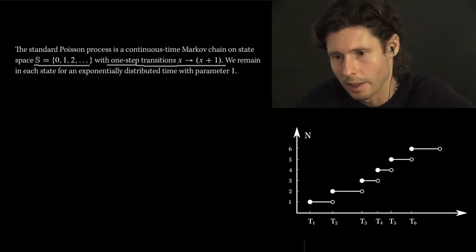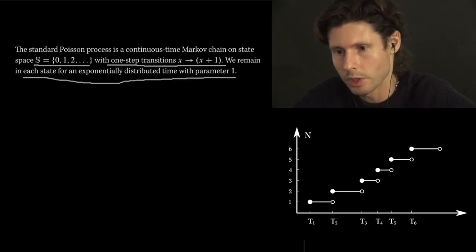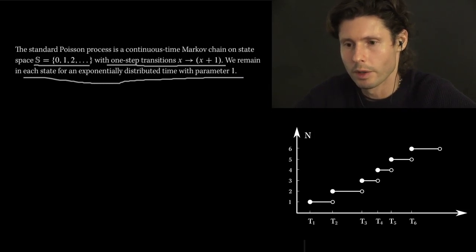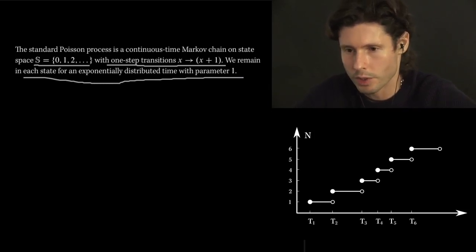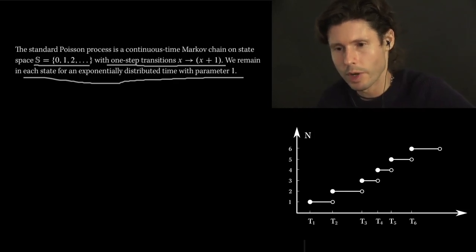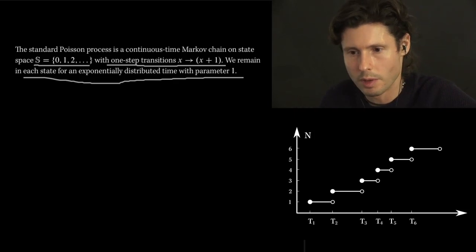And in particular for the Poisson process, the amount of time that we remain in each state is going to be exponentially distributed with a rate parameter, with the parameter 1 for the standard Poisson process, and an arbitrary parameter, as we'll see later, for a more general Poisson process.